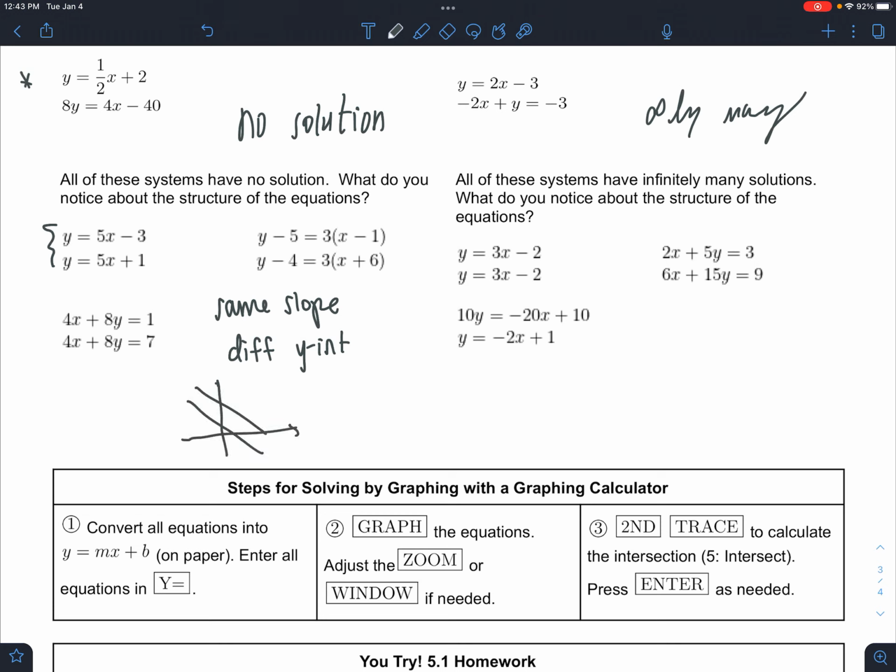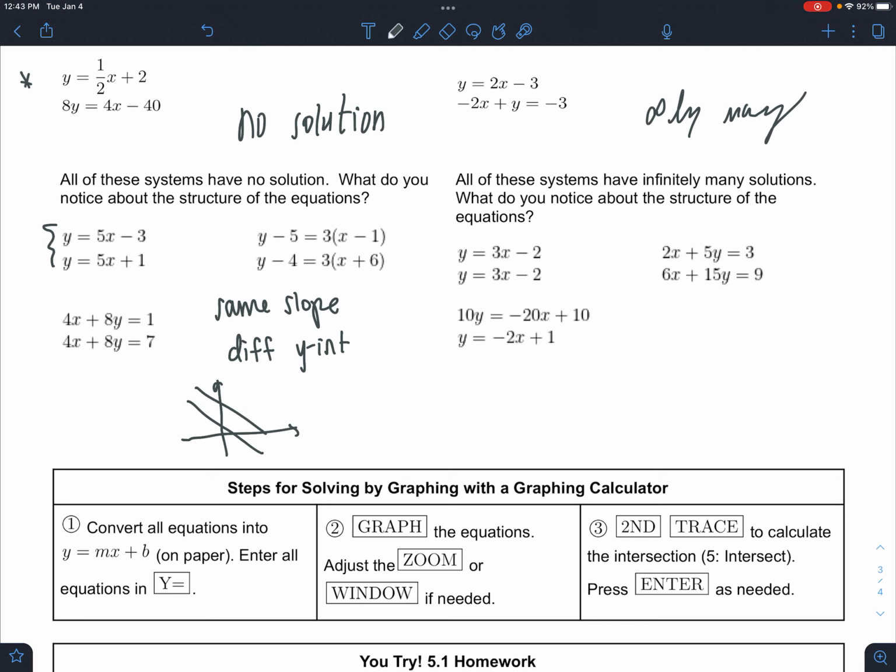Because they have the same slope, just like the graph we just did, right? They have the same slope, but they hit the y-axis at different spots, so they just kind of never touch. So noticing that from a system, if you have the same slope, different y-intercept, those are going to be parallel.